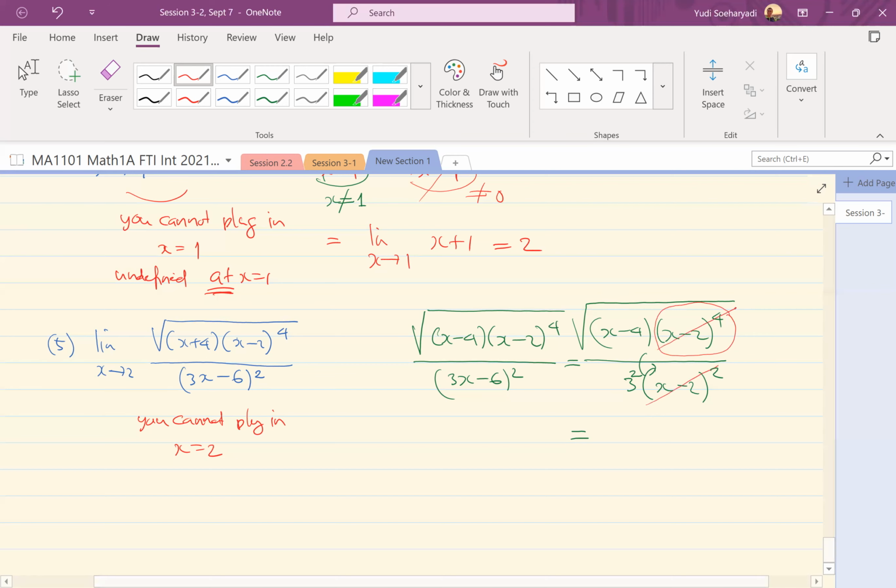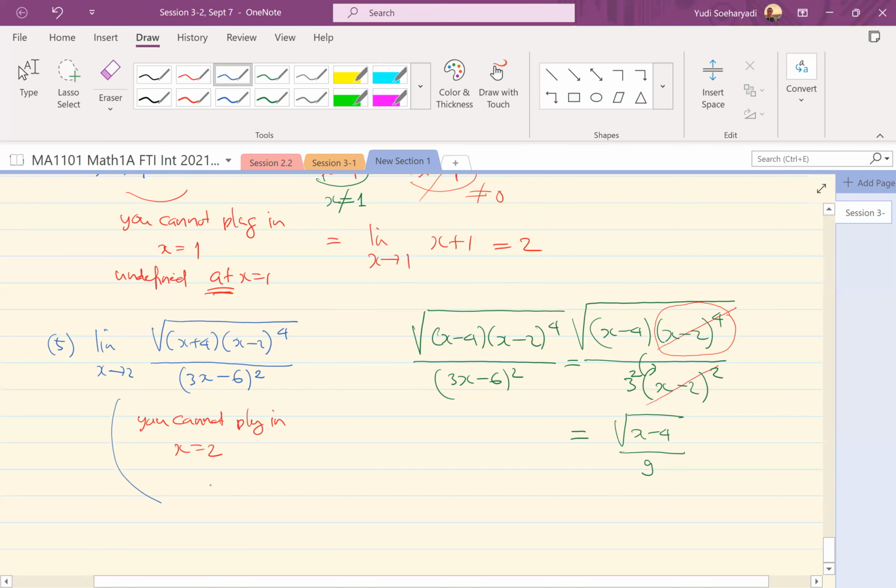Okay. So you end up with the, and here you get 9. Okay. So that's after simplifications.